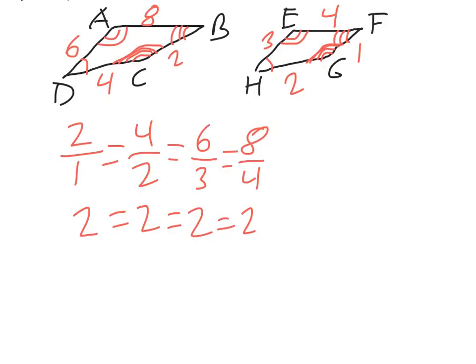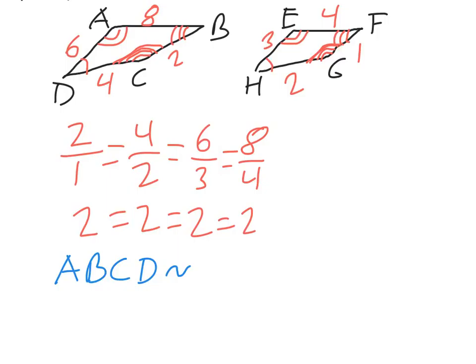So once you know that these are proportional, and the polygons are similar, you would write it out. So the statement would say A, B, C, D, and similar is just a little tilde. Instead of having the equal sign and the tilde, like congruency, similar is just the tilde.